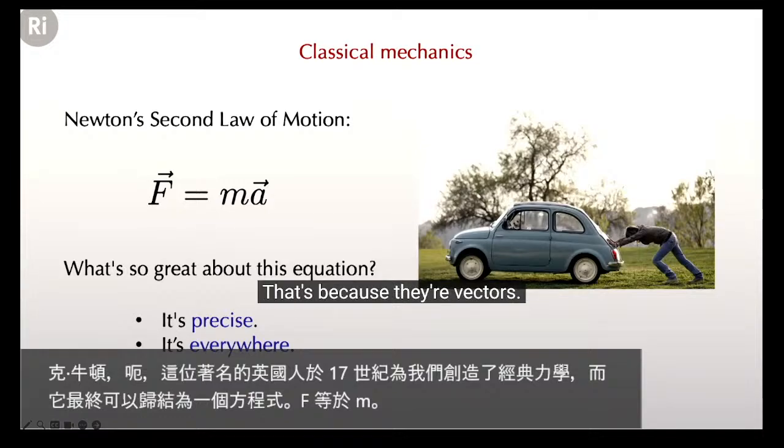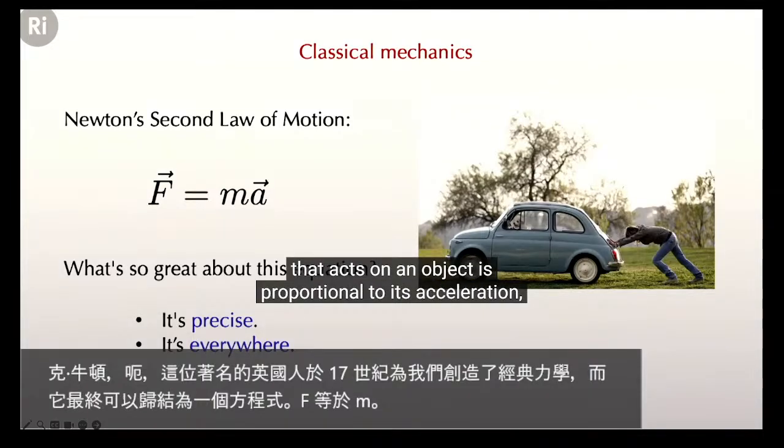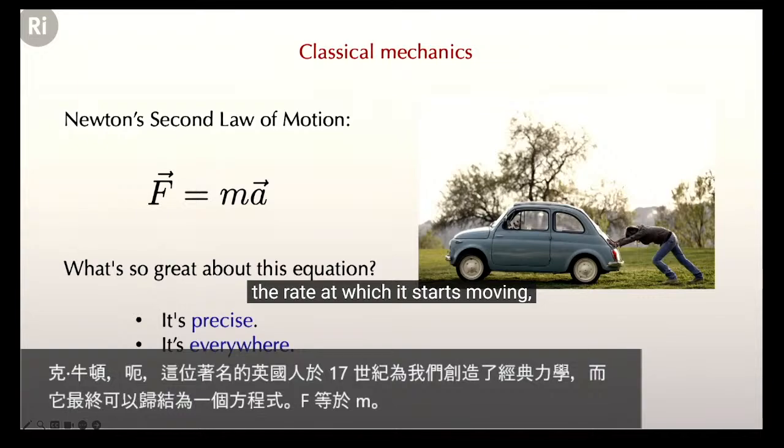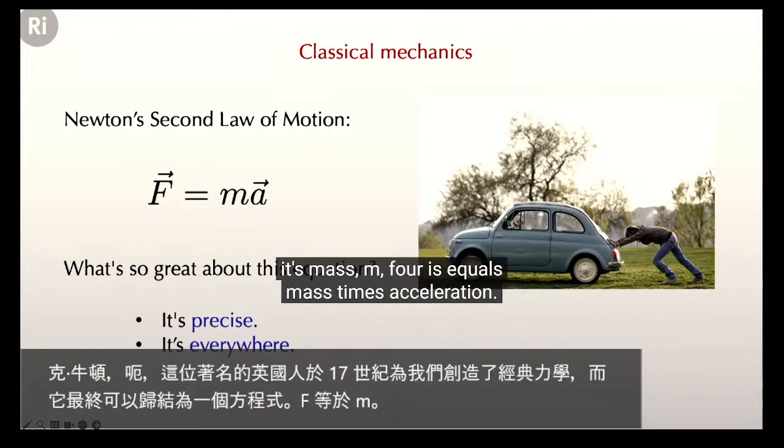That's because they are vectors. What this equation means is that the force that acts on an object is proportional to its acceleration, how fast it starts moving, the rate at which it starts moving, and the constant of proportionality is, once again, its mass, m. Force equals mass times acceleration.